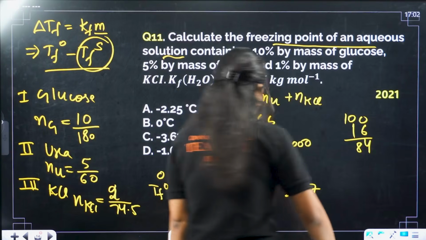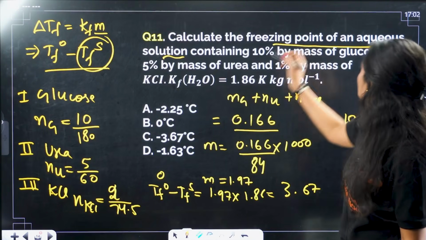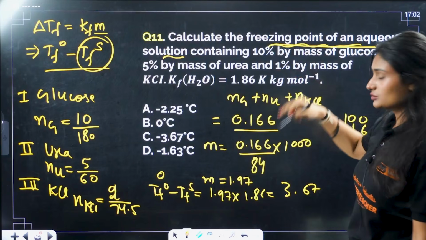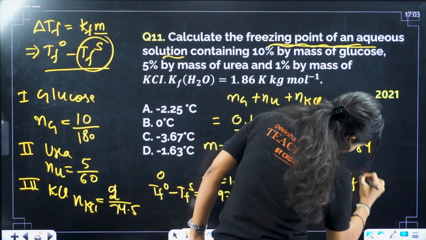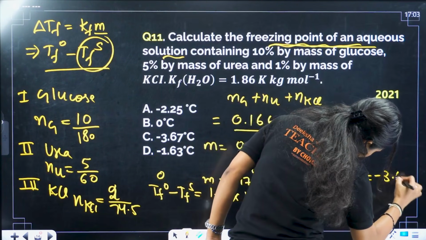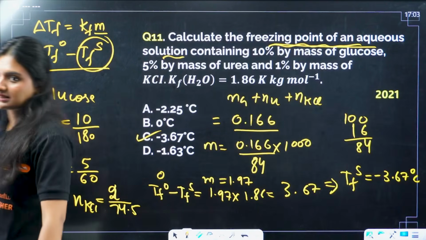So if I substitute 0 here, we need the freezing point of the aqueous solution. So the freezing point of the aqueous solution is minus 3.67 degrees Celsius.